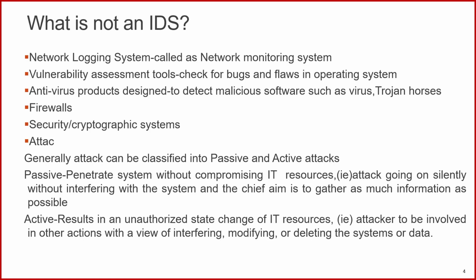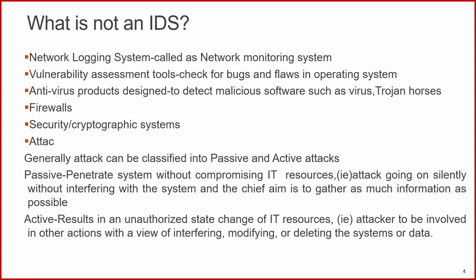What is not an IDS? Sometimes the things which we consider as an IDS are actually not IDS. For example, a network logging system is not an IDS; this is actually a network monitoring system. Also, the vulnerability assessment tools that we use are not an IDS.